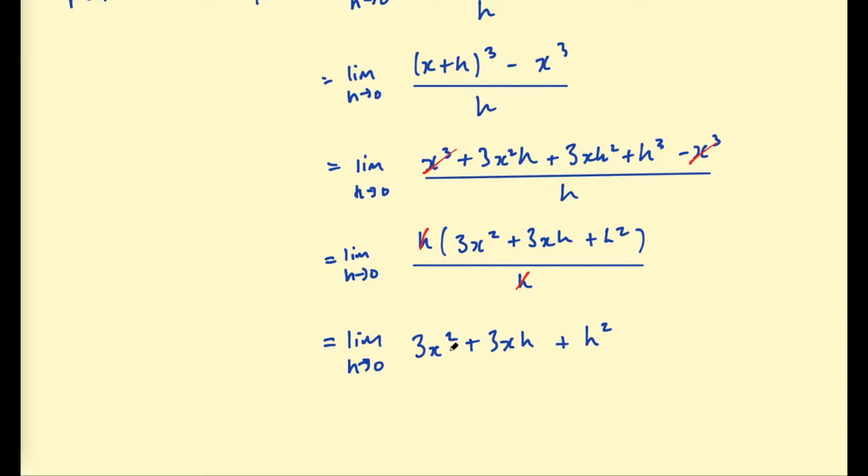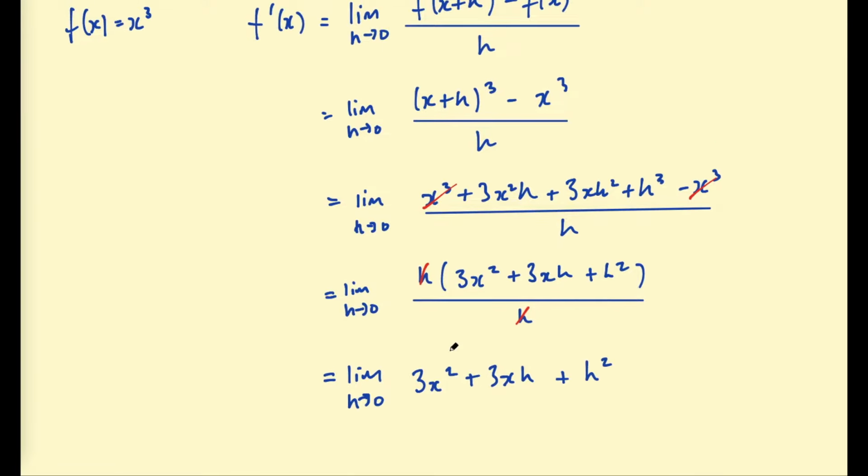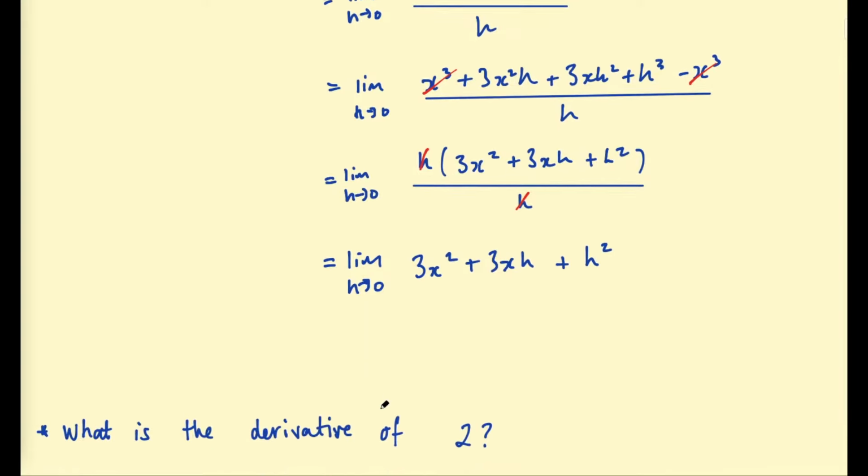Okay, so now think back to what the derivative is. That involves evaluating what's happening at the limit. So we want to now ask the question, what's going to happen to this function as h approaches 0? So you look at each term. Well, what's going to happen to 3xh as h approaches 0? That's also going to approach 0. They are directly proportional.